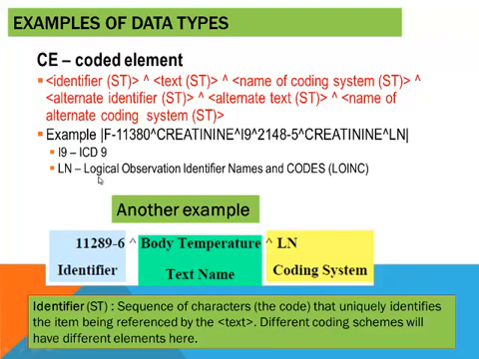LN means the logical observation codes. So CE is also a complex data type because it is composed of different simple data types such as ST. I think here all of them are ST.